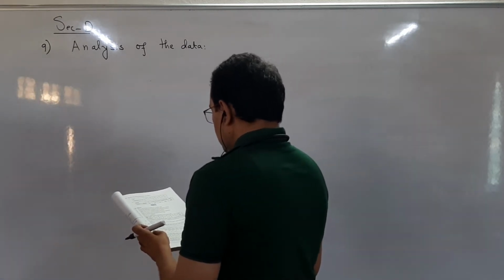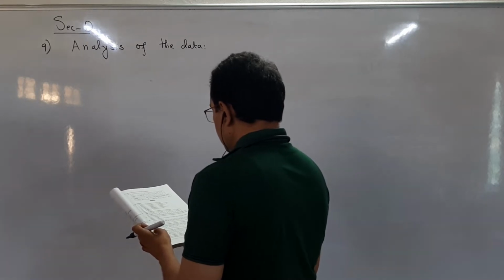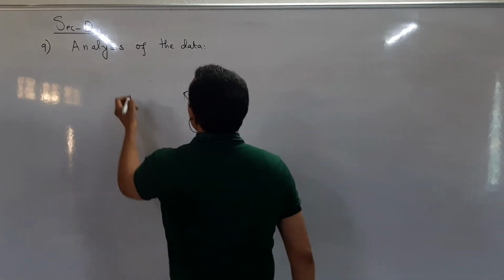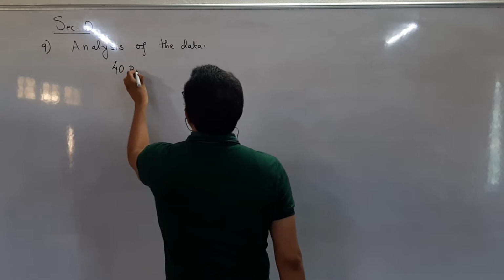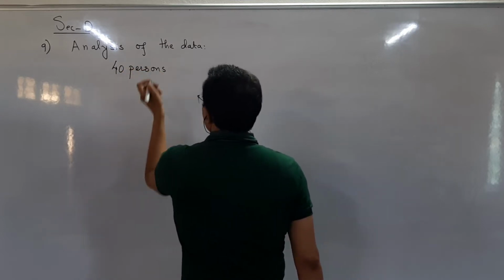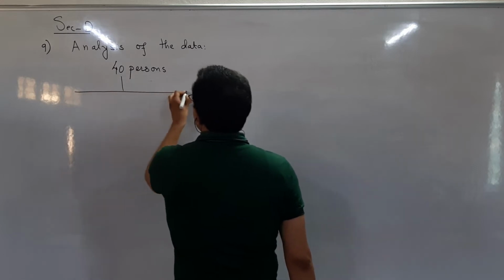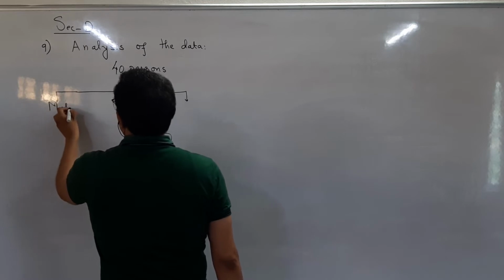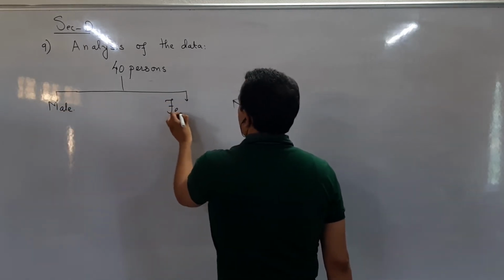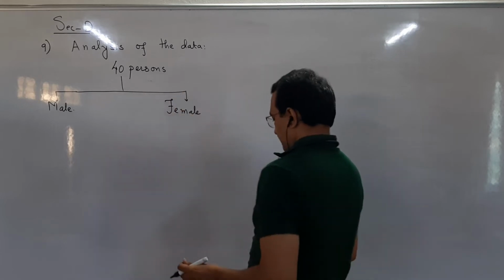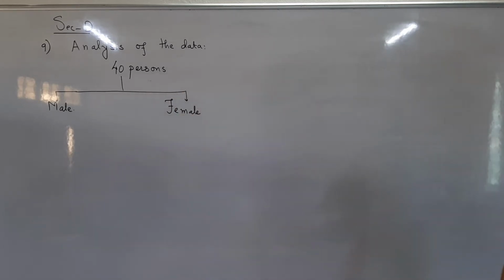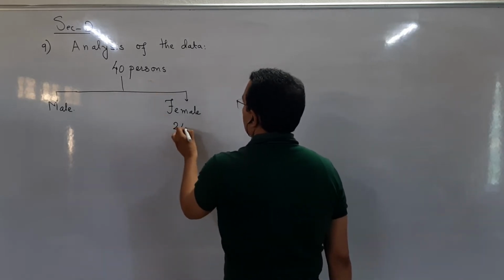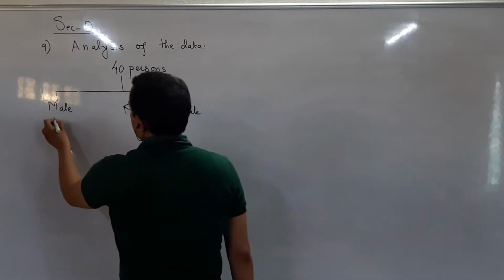Out of 40 persons working in an office, 60% are female and the remaining 40% are males. Total persons working in an office are 40, and this is divided as males and females. 60% are female, so 60% of 40 is 24 and 40% is 16.